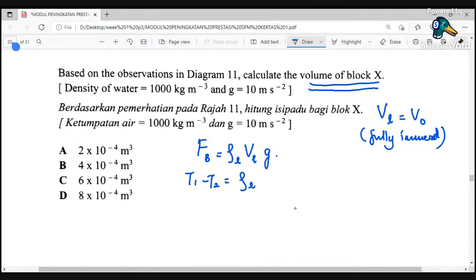And then V_L equals V_O. Okay, this one g using 10. If mentioned here 9.81, you must use 9.81. Okay, if no mention, go back to the list of formula to get the value of g. Boleh check balik value g tu berapa. Tapi kalau KSSM kita pakai 9.81.